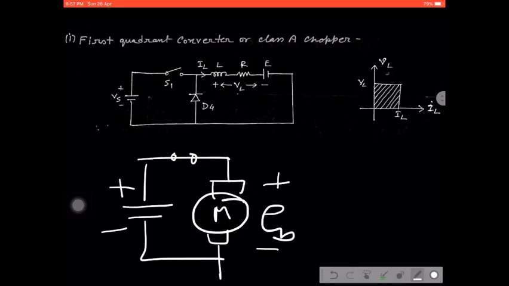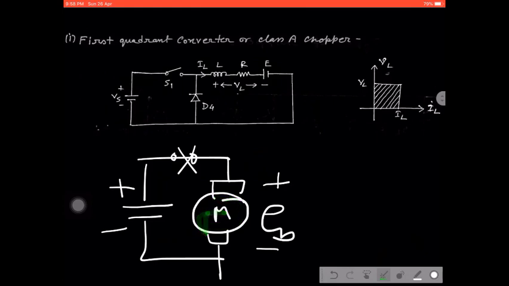Okay. That means when the switch is closed, the current easily starts flowing to the load or machine. Then the machine starts moving in this direction. When the switch is open, what happened? Then the switch is working as an open circuit. That means the current is not entering the motor, but still the motor is moving at its rated RPM.